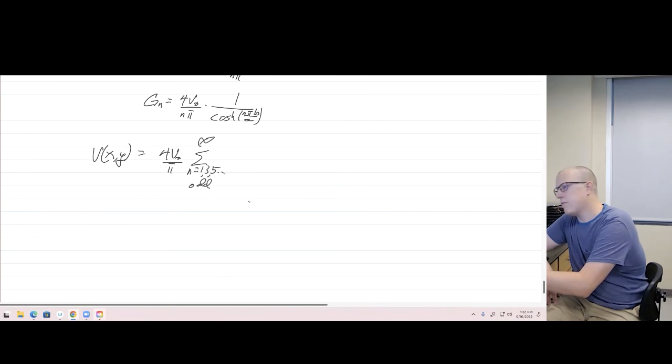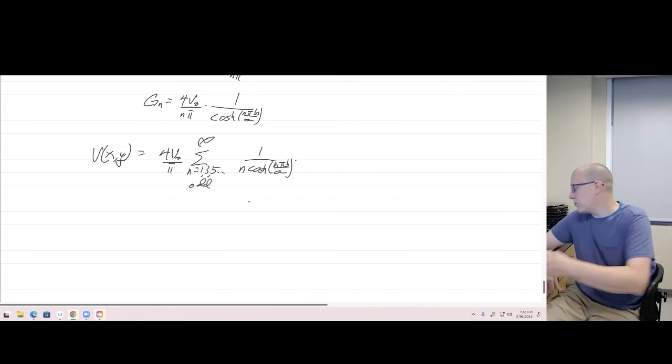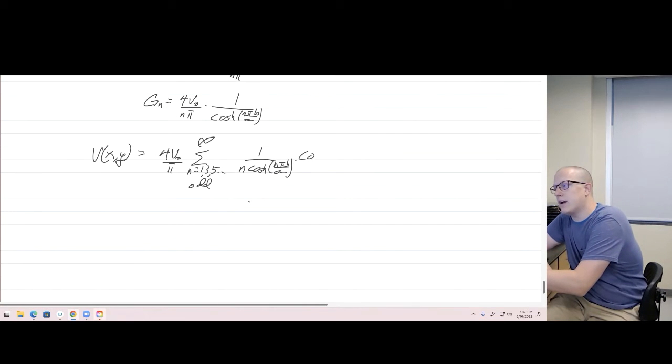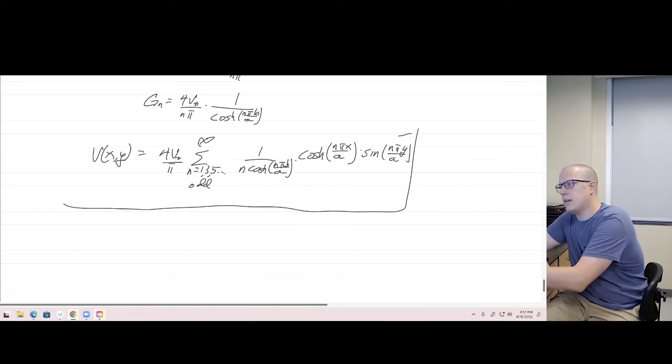And we have 1 over n, and then we can't forget about that extra cosh we have in the denominator, times the actual function itself. So we have the regular cosh that has the x in it, times sine of n pi y over a. And that is our solution.